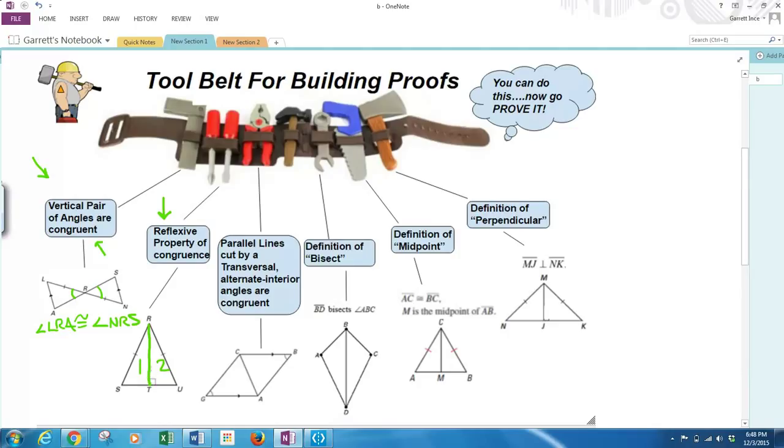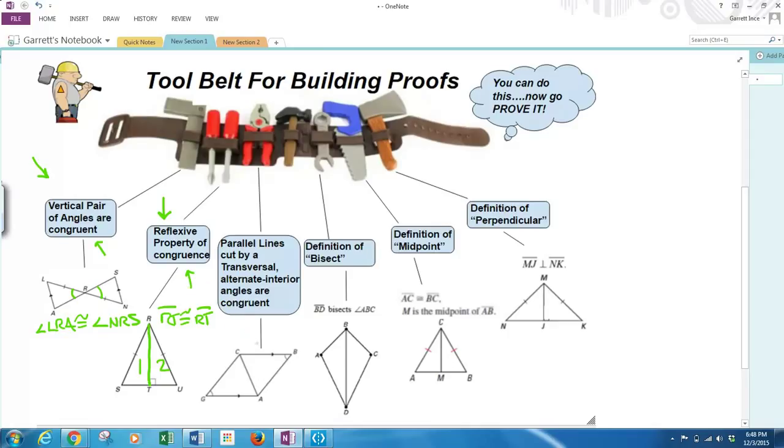Now, if you think about it, RT is the same size as itself no matter how you look at it. So I'm allowed to add to this figure that side RT is in fact congruent to side RT. And my reasoning, once again up here in this box, is the reflexive property of congruence.